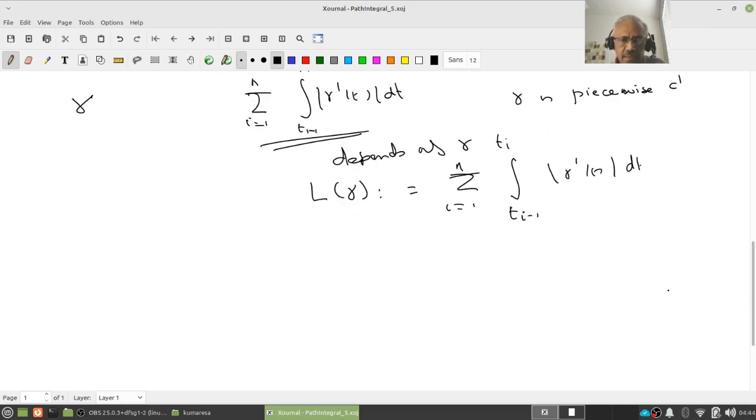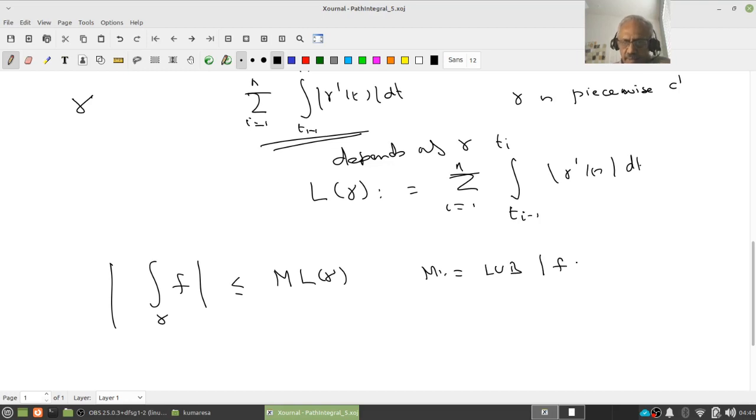Right? Therefore I found an estimate: the modulus of the integral of f over gamma is less than or equal to M times L of gamma, where M is the least upper bound of modulus f of gamma t as t varies over AB, or any upper bound, that will do.